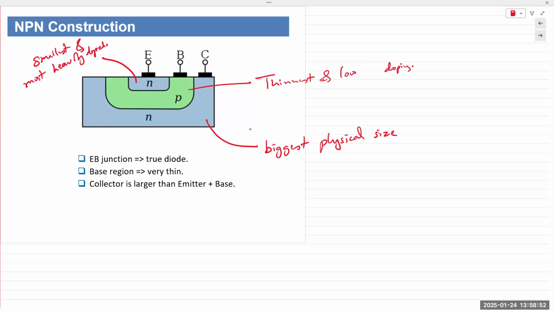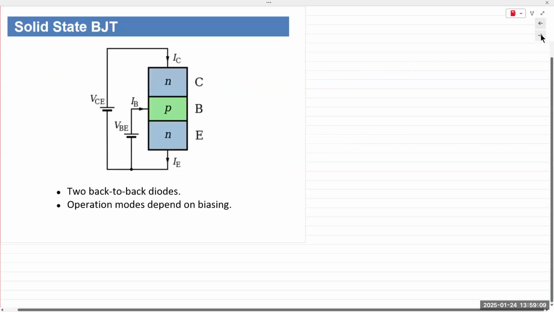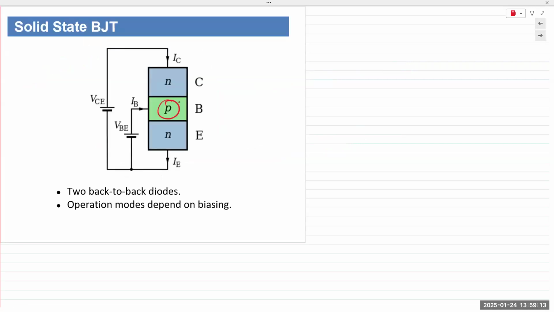So when it comes to the operation of this device, we forward bias the emitter and base junction, whether it's NPN or PNP, and it behaves like a true diode. If you go to this next slide, you can see P-type connected to positive, N-type connected to negative.